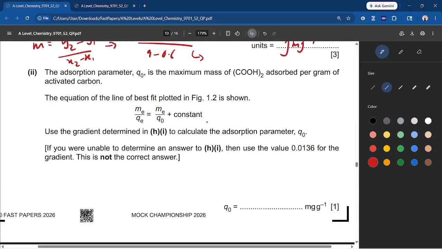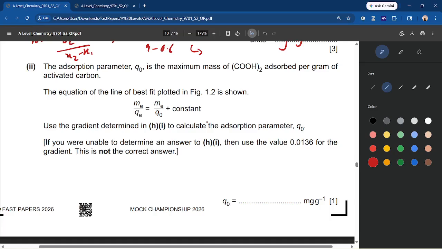The absorption parameter is the maximum mass of COH2 absorbed per gram of activated carbon. The equation of the line of best fit plotted is in the form of y is equal to mx plus c. So your x over here is Me, and your y is Me by QE.